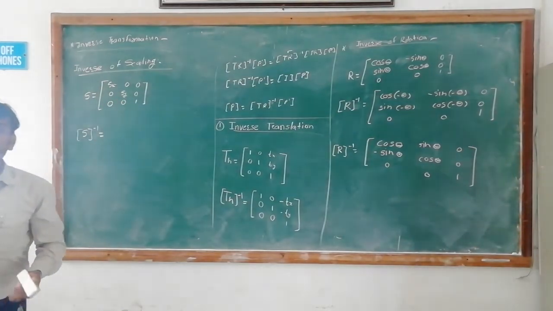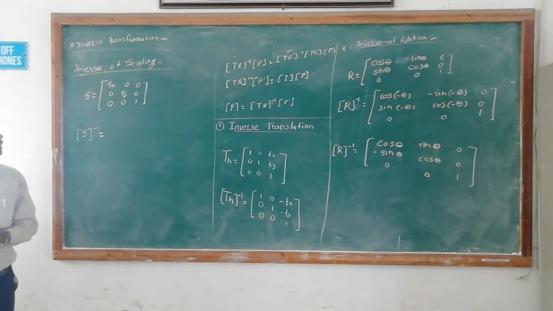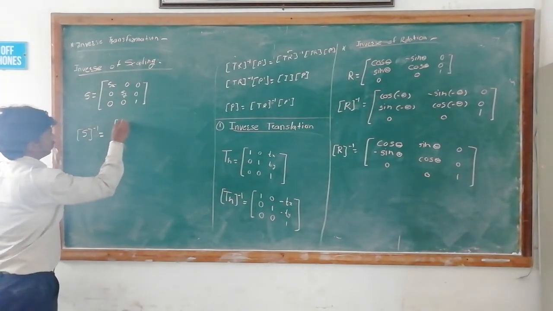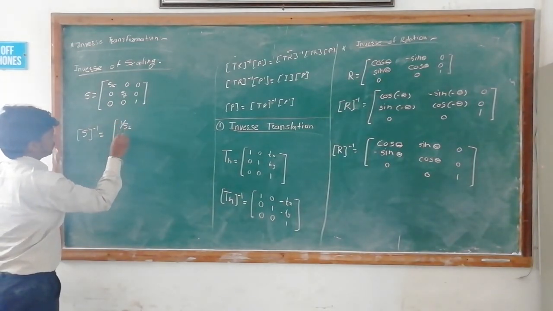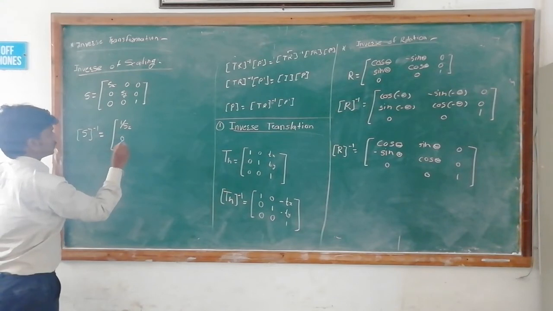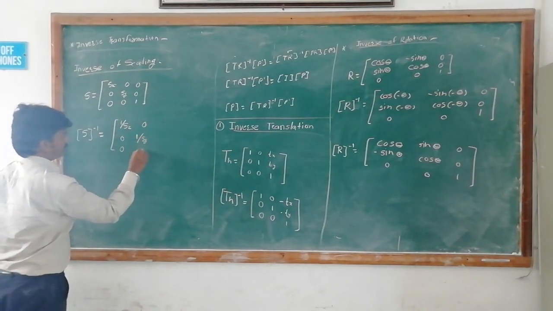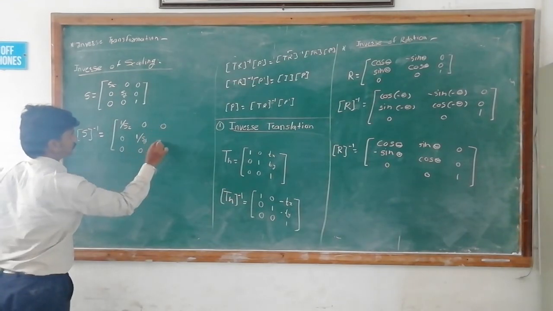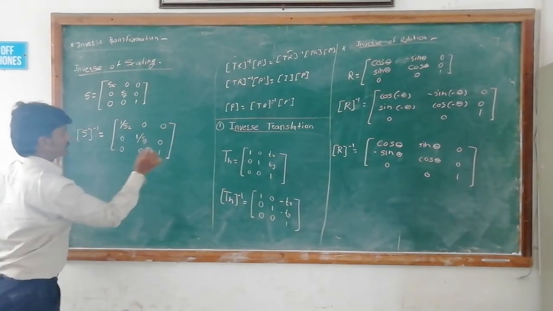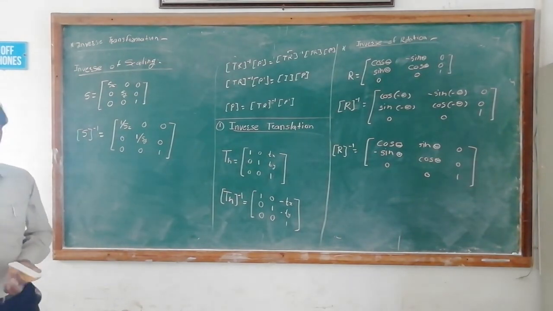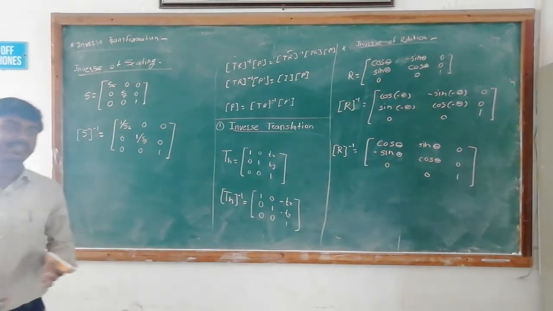By doing these changes, we can obtain the inverse of this matrix. So the inverse of this matrix is 1 upon Sx 0 0, 0 1 upon Sy 0, 0 0 1.